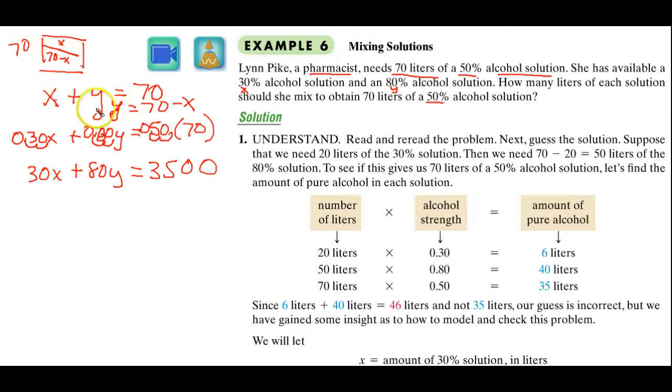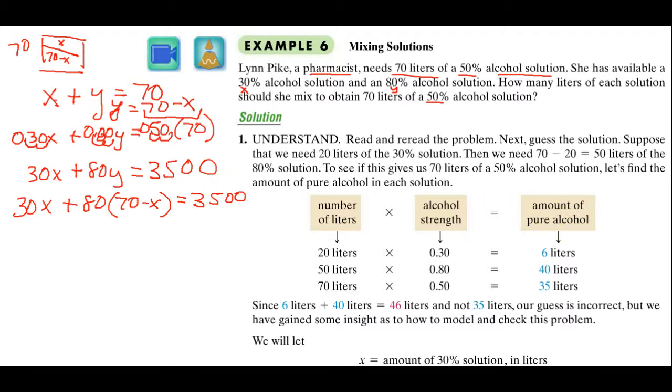And in a sense, this is how it ties in. So what do we do here? Well, where we have our y, we're going to put this in. So it'll be 30x plus 80 times 70 minus x equals 3,500.